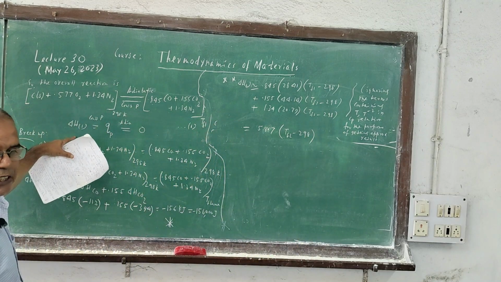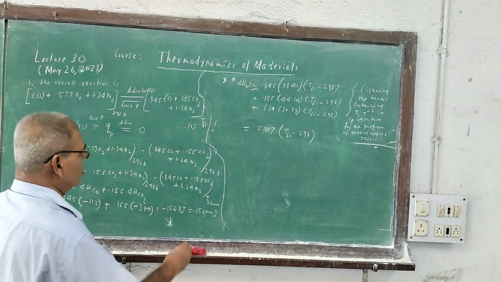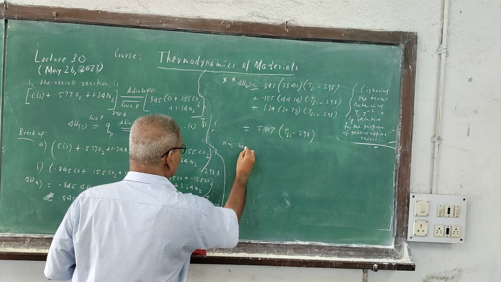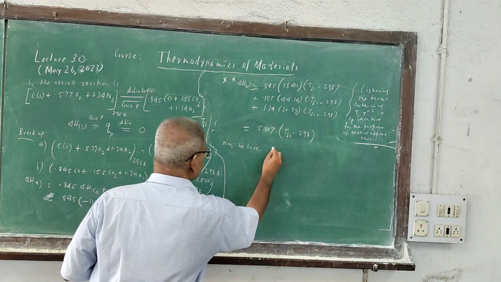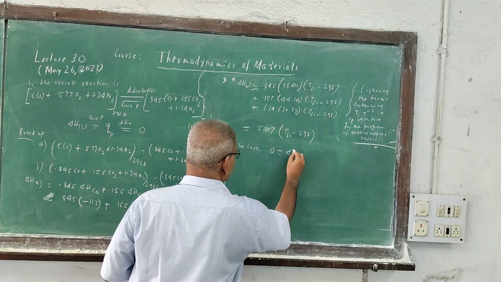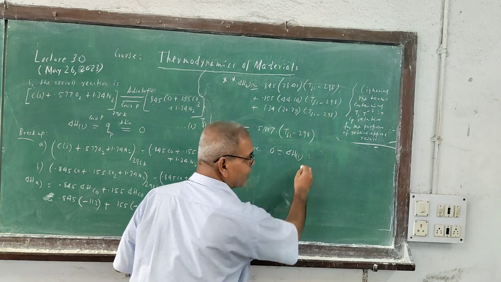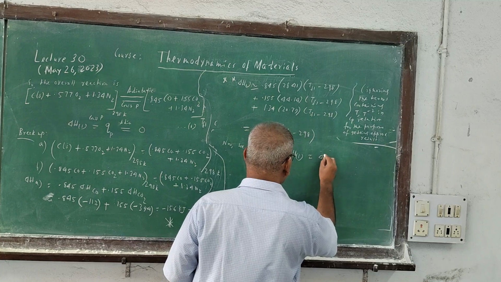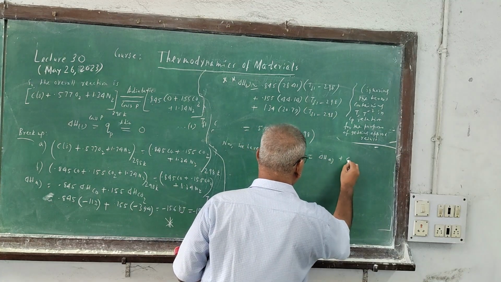Now, what is the overall delta H1? Are you ready? We have 0 as delta H1, which is made up of two steps, A and B: delta HA plus delta HB.